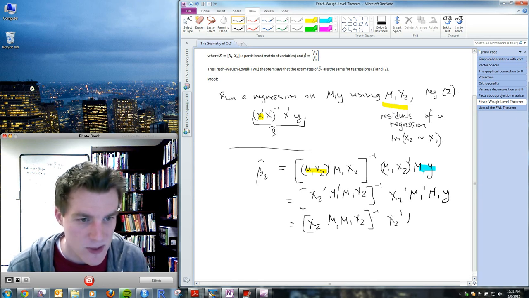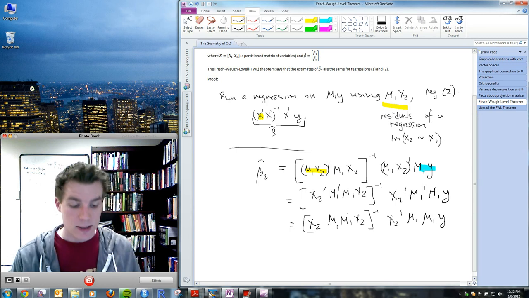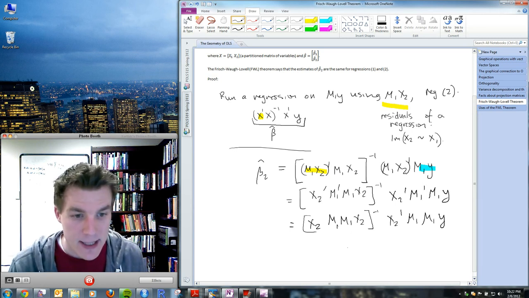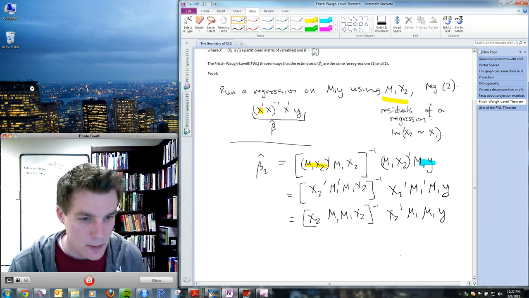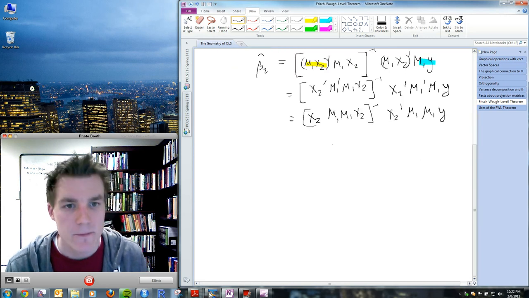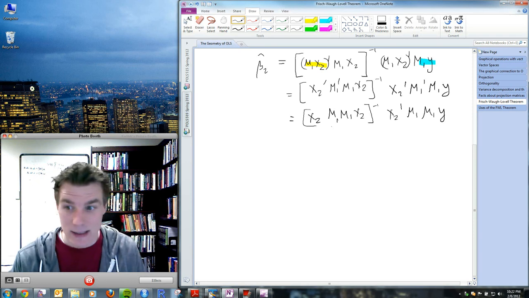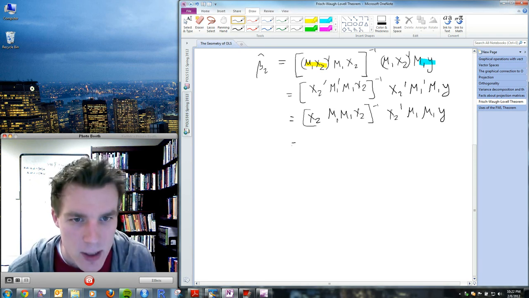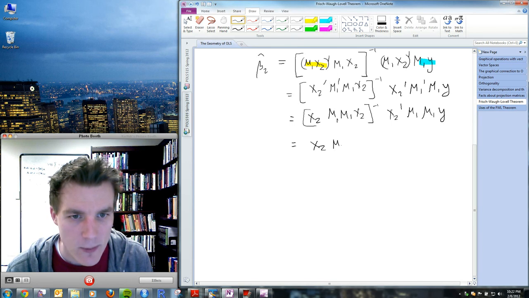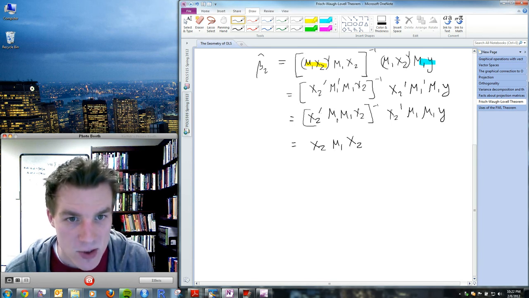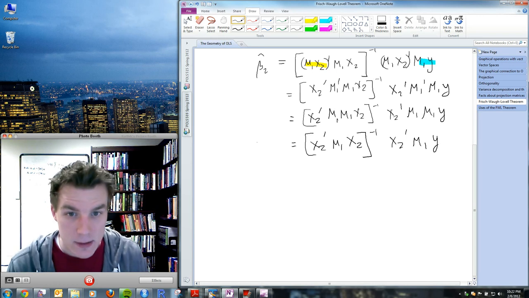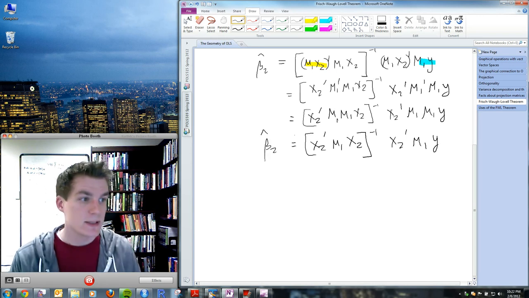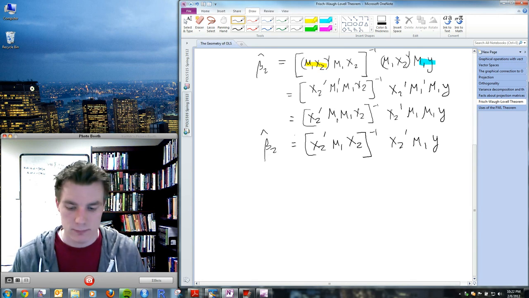And as we also learned today, m1 is idempotent. Any projection matrix of the residuals is idempotent. So furthermore, we can write this as x2 transpose m1 x2 inverse x2 transpose m1y. Okay, so that is our estimate of beta 2 hat from this second regression.